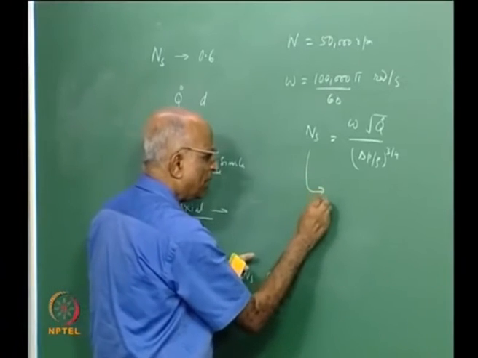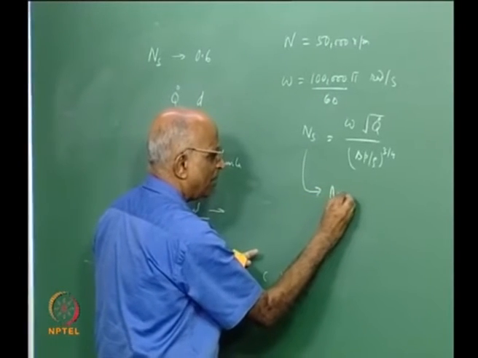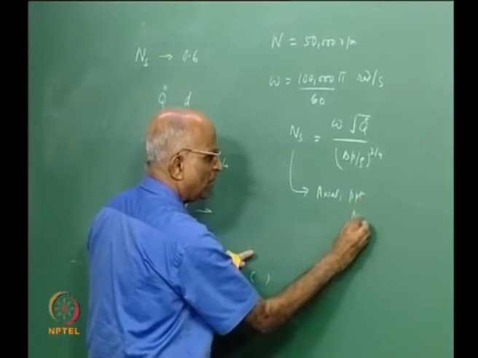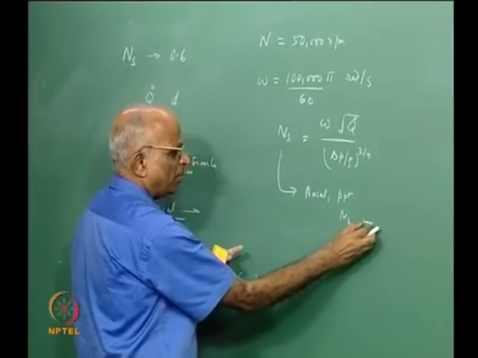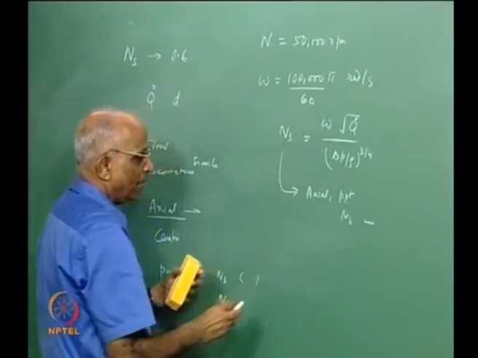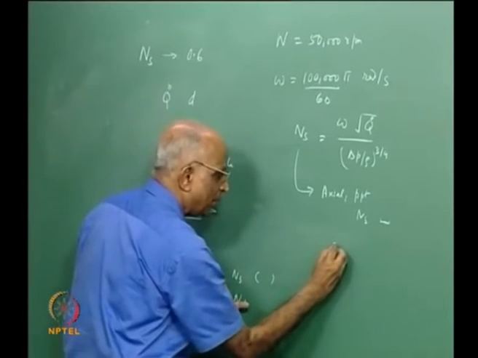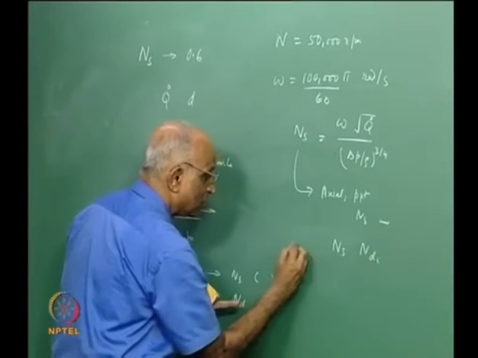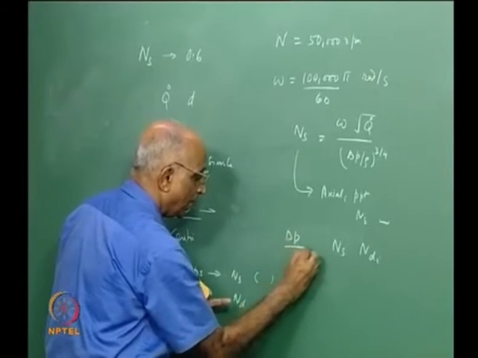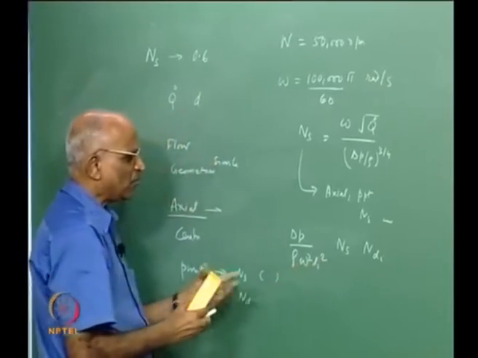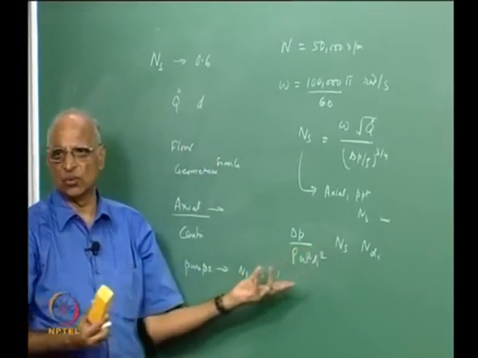Therefore, for a given type of pump, let us say axial pump, for a given type of propellant, the Ns will fall in a very small range, maybe 0.6 to 0.7, and therefore these numbers are useful. And also the performance can be written in terms of Ns, in terms of Nd, and in terms of delta P by rho omega square D square, and this is why the non-dimensionalization is useful.